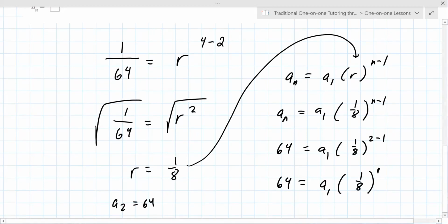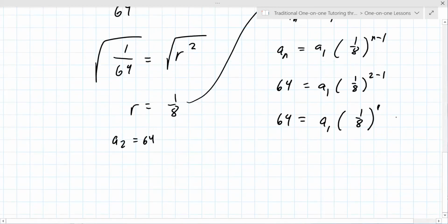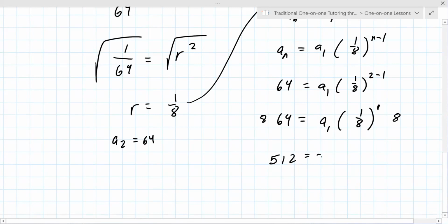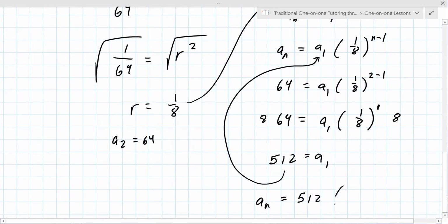Why does that help? Because we can now solve for a1. You multiply both sides by 8. That's 480 plus, it's 512. 512 equals a1. Then we put that back into this right here. So an equals 512 times 1/8 to the n minus 1 power.